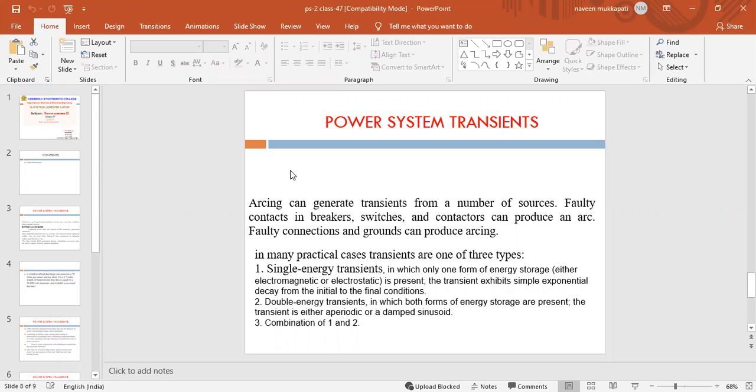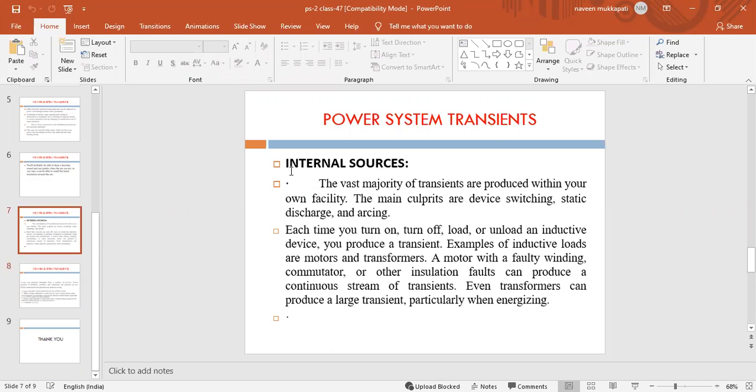Okay, in the next class we will solve some problems related to the transients. In the previous class, we already discussed some related problems, that is, the studies of attenuation, distortion, and also the transient voltages, reflected and refracted voltages, and the derived formulas that will be used in those problems.